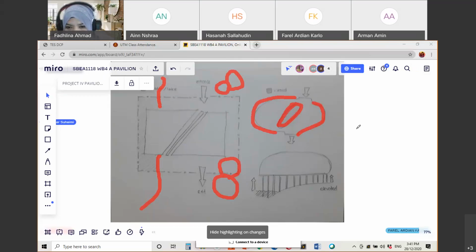The walls of my design, I haven't quite determined which ones are glass, but for the center void section, the walls are entirely glass, so it's see-through.